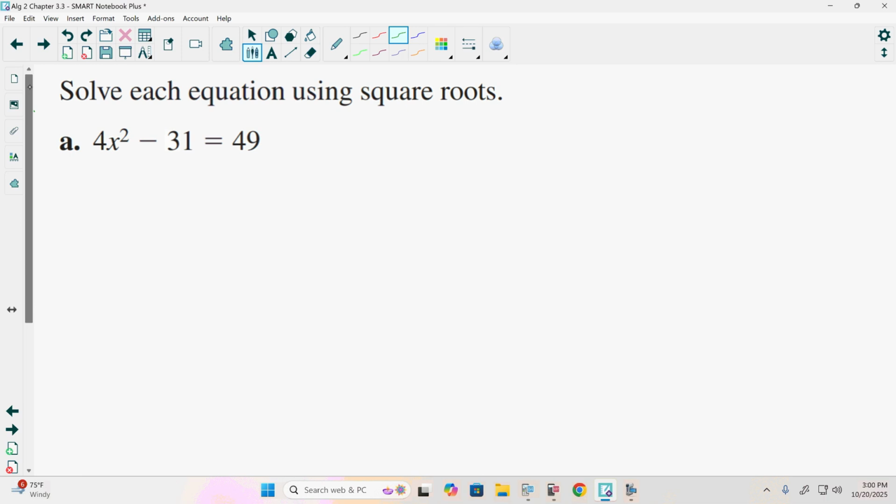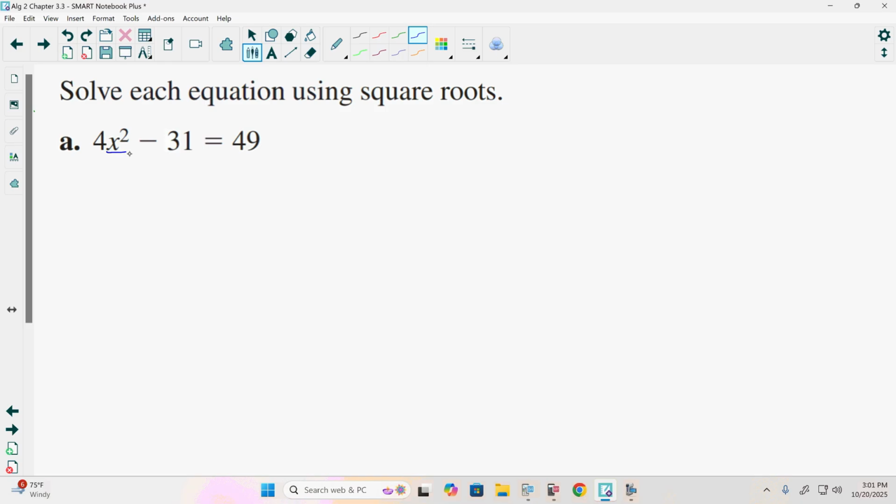Now the other method that we have for solving is the square root method. The square root method works as long as the only variable we have is either being squared or inside of a set of parentheses being squared. If we had an x to the first power, if it had been 4x squared minus 31x, we can't use the square root method.